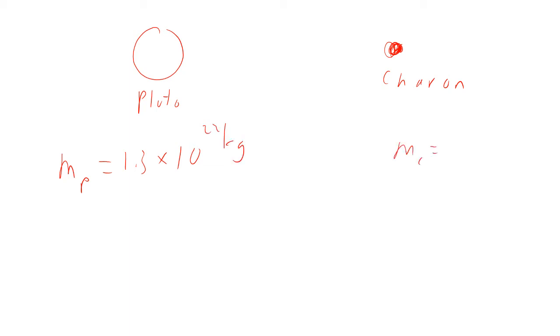Charon has a mass of 1.9 times 10 to the 21 kilograms. And the distance between the two is 19,640 kilometers. Okay, and so I want to know where's the center of mass. So we want to find the center of mass of this.